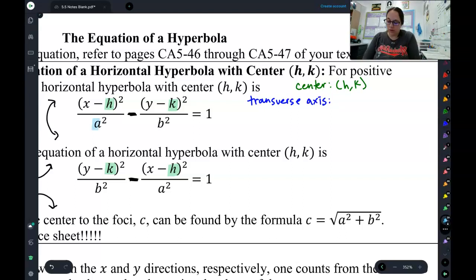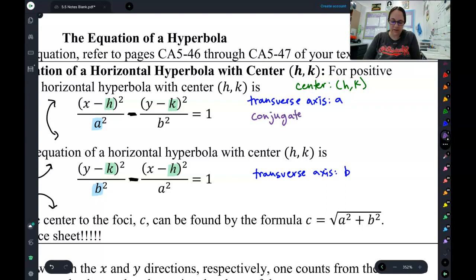So in this one, the transverse axis will be A, because it comes first. Whereas for the one down here, our transverse axis will be B, because now B is coming first. And then the conjugate axis is the other one, the one that comes second. So in this one, it's B. And in the bottom one, it's A.